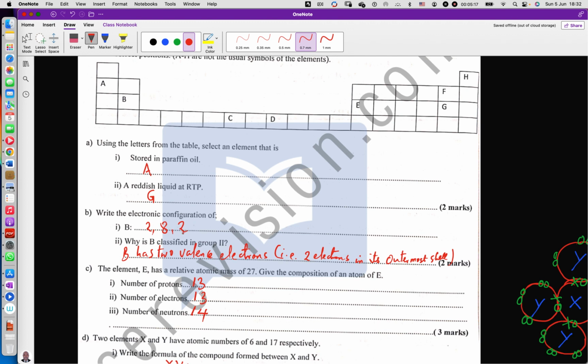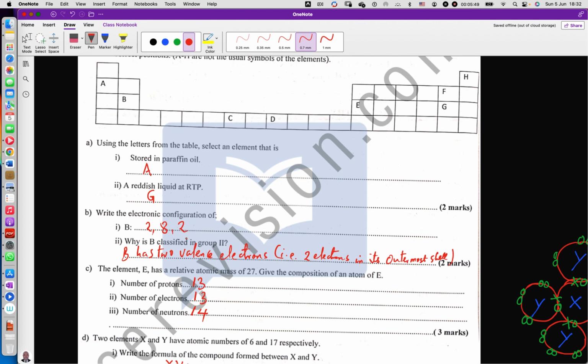Based on the electronic configuration, we can classify B in group 2 of the periodic table because it has 2 valence electrons. I mean 2 electrons in its outermost shell.